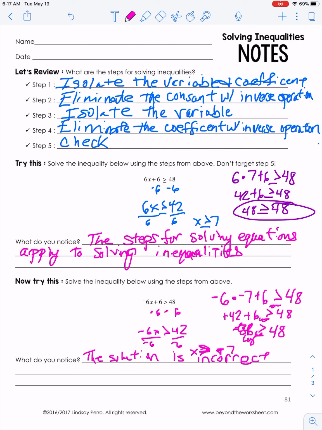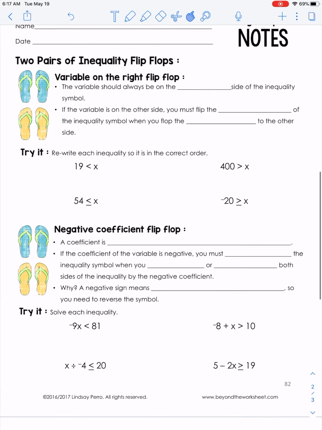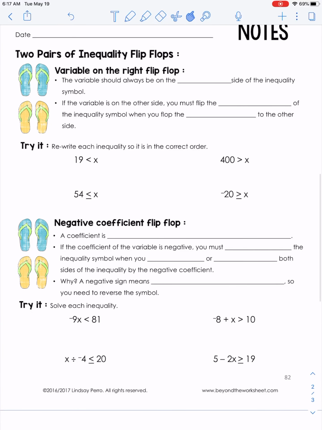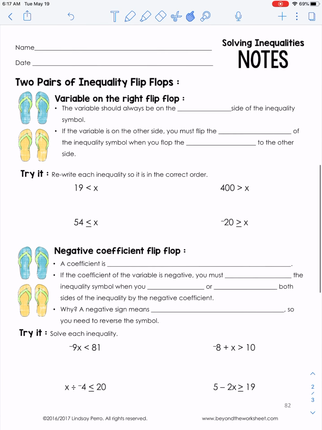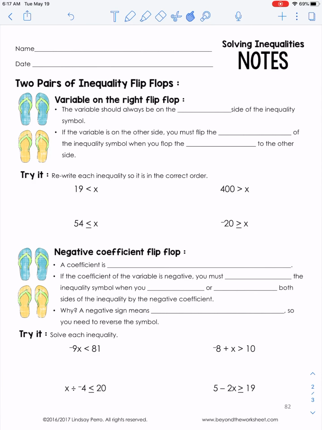So, why might that be? Well, if you look at the second page of our notes, we're going to investigate further into why that answer was incorrect. So when we're working with negative numbers and inequalities, there are times when we have to flip the sign.